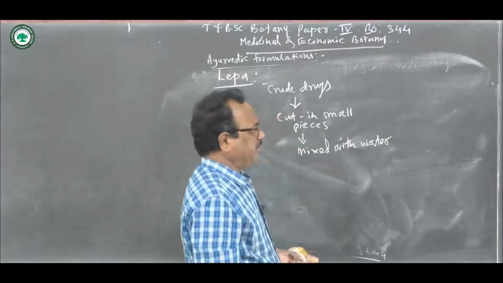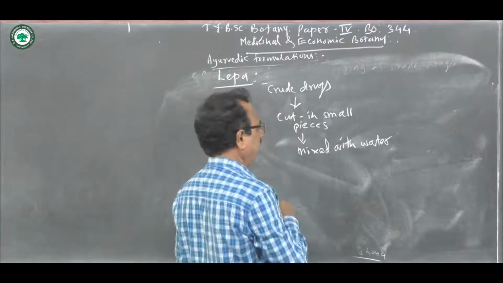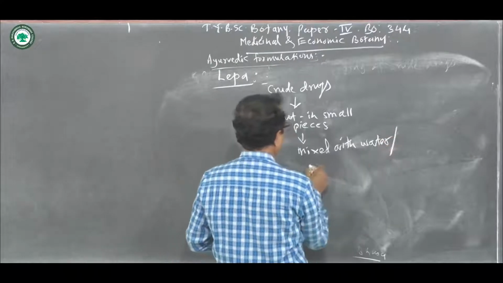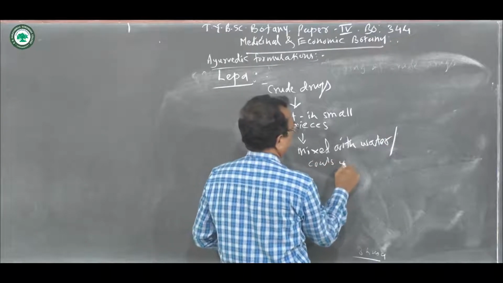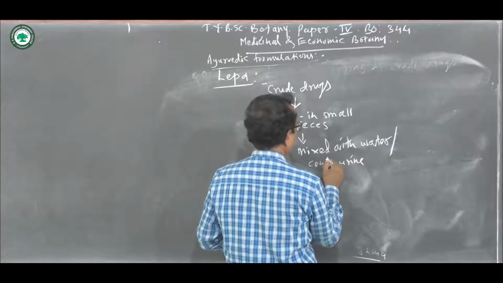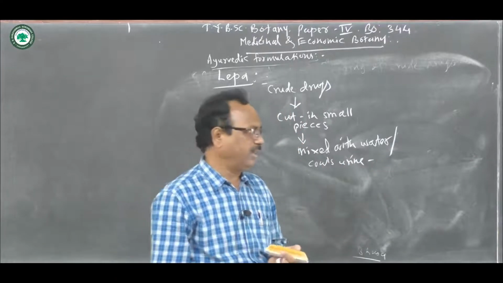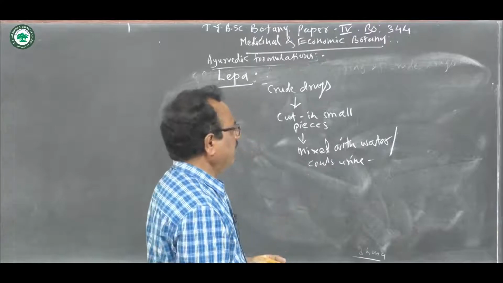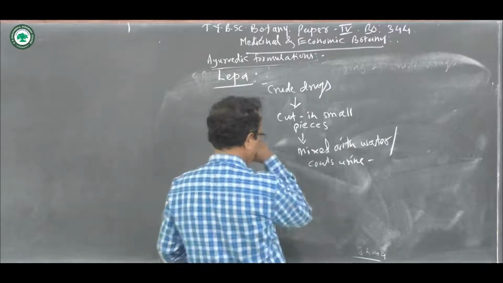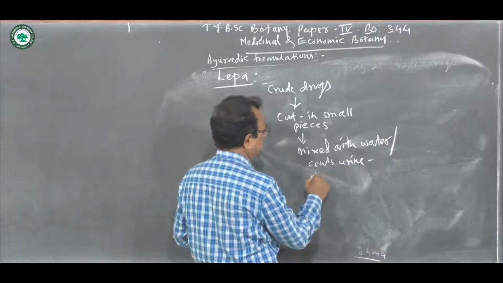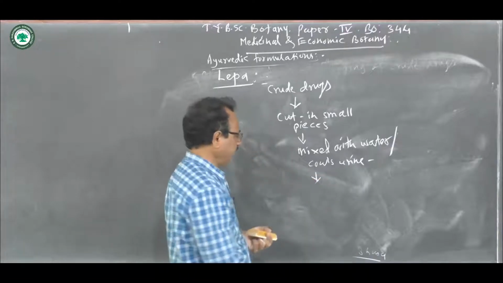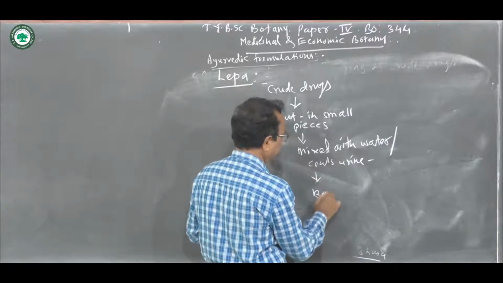Sometimes cow's urine may be used. This cow's urine is medicinally important, it has Ayurvedic value. So maybe in water or in cow's urine, the crude drug is mixed and then it is boiled.